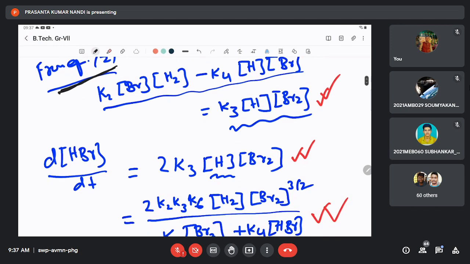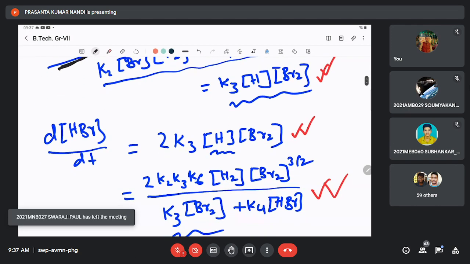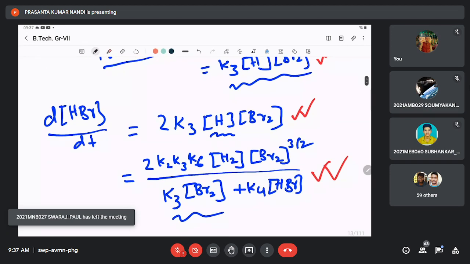Now the hydrogen radical concentration, if you put in these expressions, then it appears to be somewhat complicated, like this.